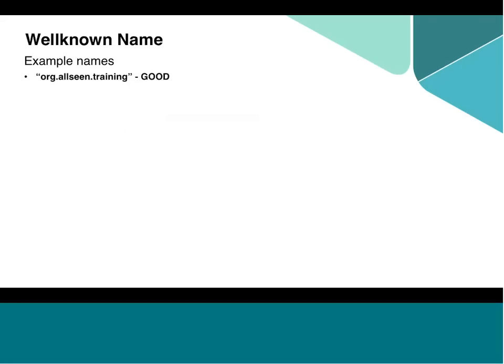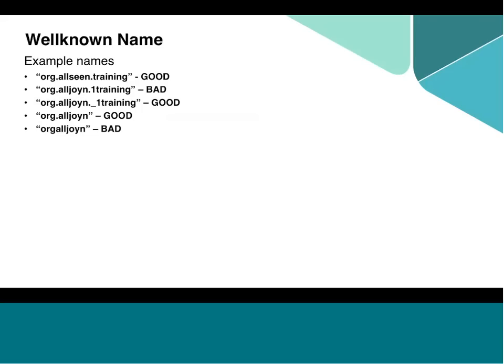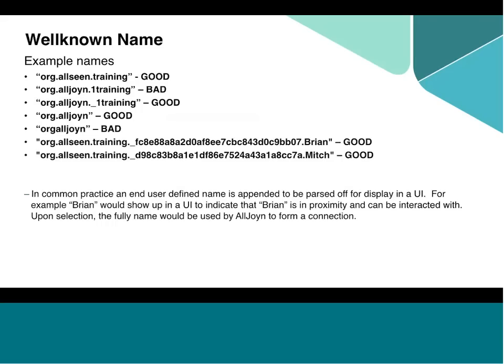Looking at some examples here, we can see there are some good names and some bad names. That one popped up as bad because a number followed the dot. Then we have the last two, which are quite long, but they're really the best names, because it takes a combination of a few things. One, Brian on the end of that one is something that we could parse off as a valuable piece of information.